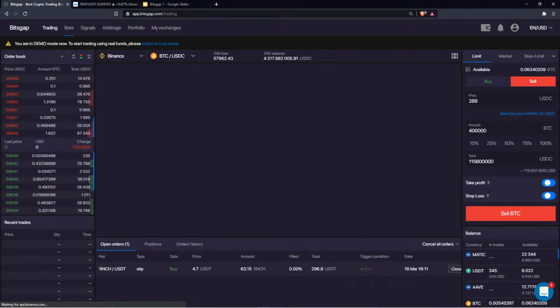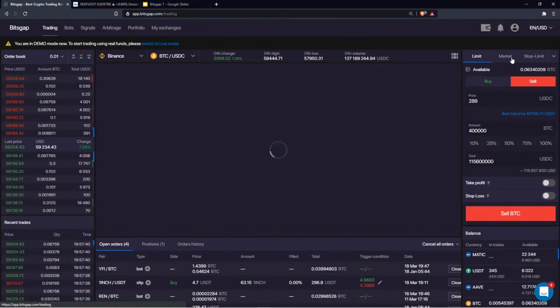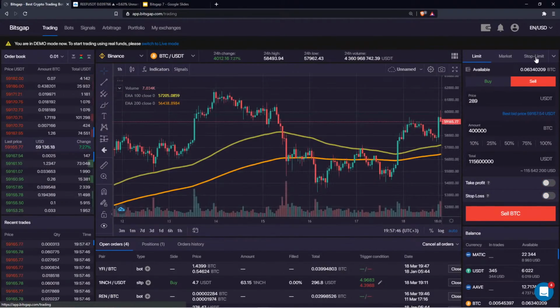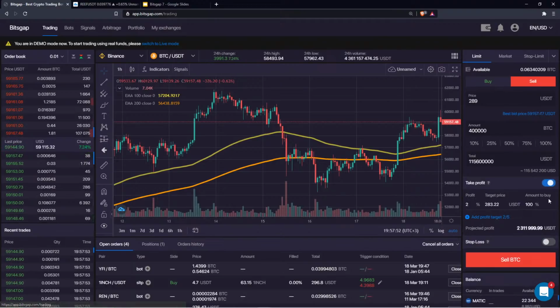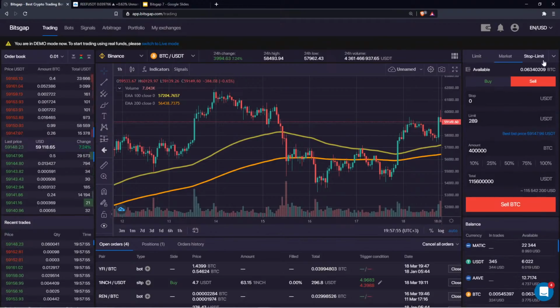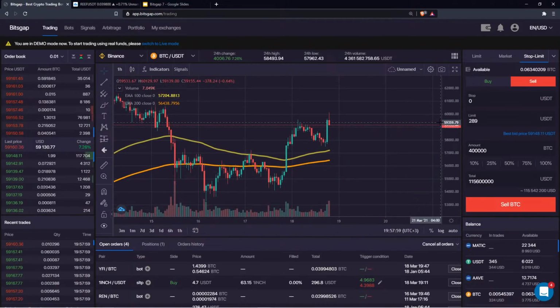And in trading, you have all other smart trade tools, so that you can minimize the risk and maximize the return with tools like take profit, stop loss, and stop limit. Okay, to trade based on your market conditions.